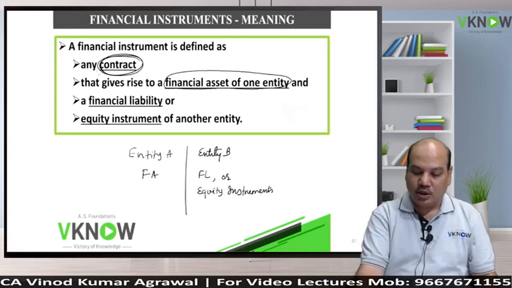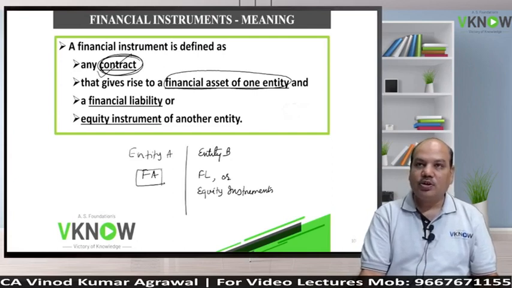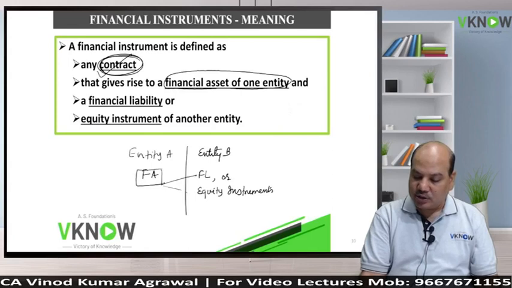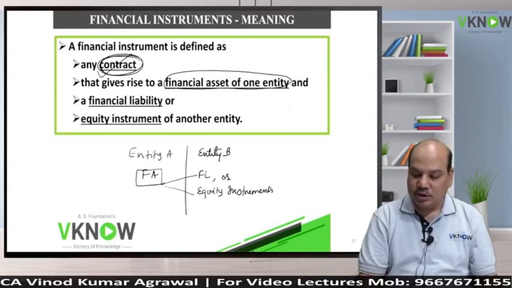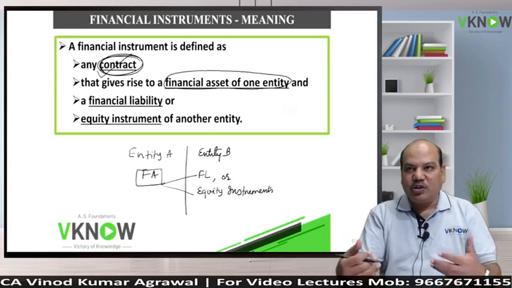If these conditions are satisfied, then it is a financial instrument. It should be a contract. That contract results in a financial asset for one enterprise and either a financial liability or an equity instrument for the other enterprise. A simple example would be investment in debenture.